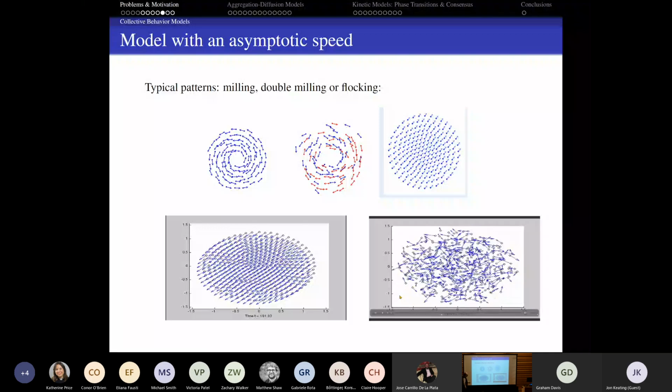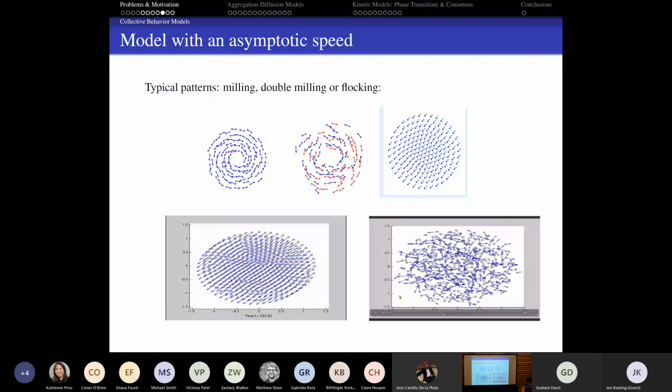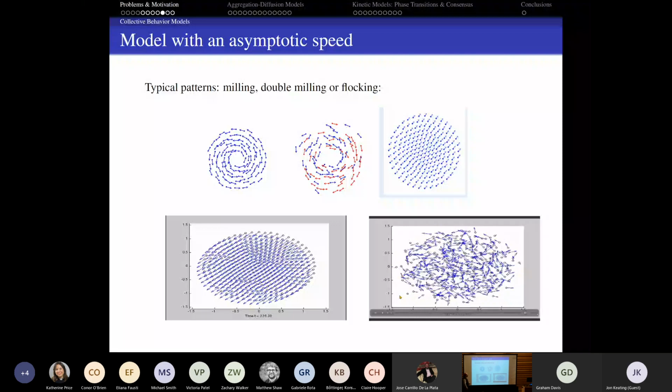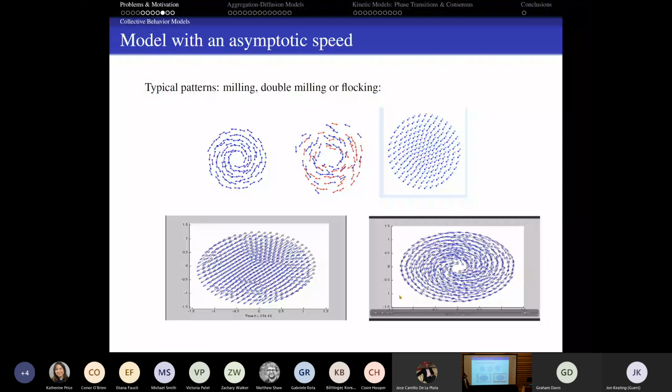Here, from when I started, nothing has changed. It looks like they are doing something random, chaotic, but you will see very soon that's not the case. In fact, it's starting now, and then just after a few moments, you see that they are turning around certain locations in what we call a milling profile.